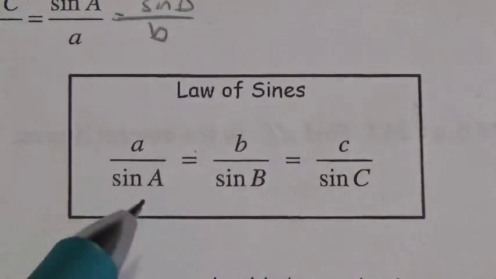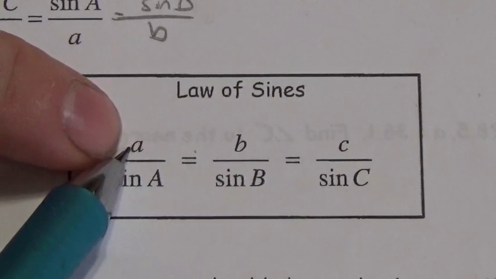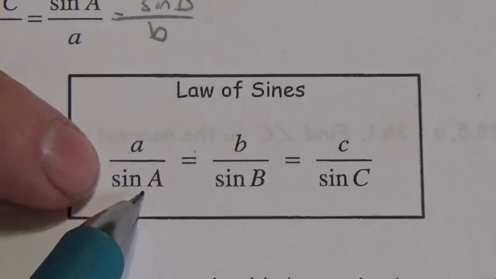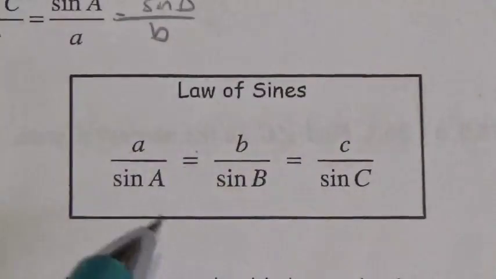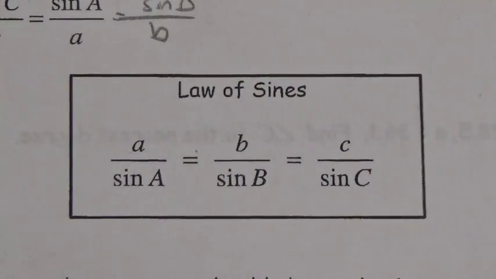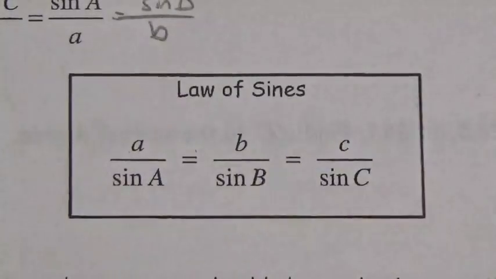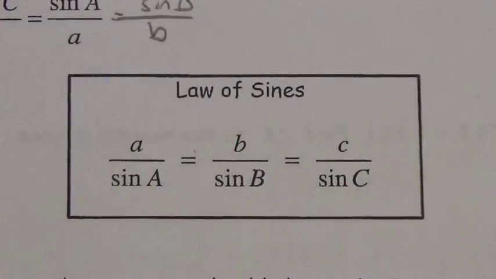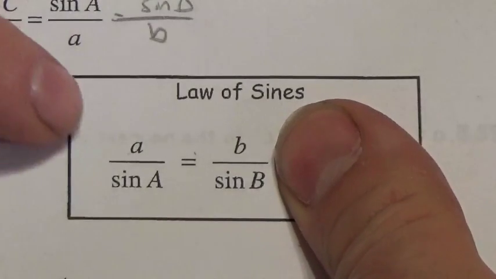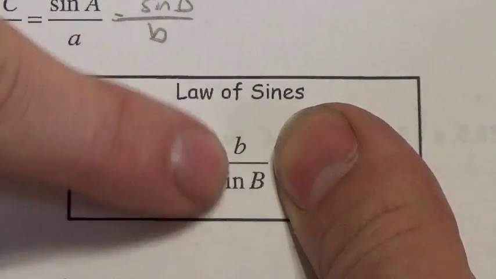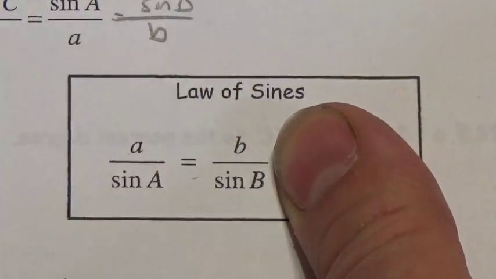In any triangle, if you divide the length of a side by the sine of the angle opposite it, that ratio will be the same for all three pairs of sides and angles in a triangle. And that's the law of sines, or what we call the sine law. So if you know, for example, side A and angle A, and you know one of those two, you should be able to figure out the other.